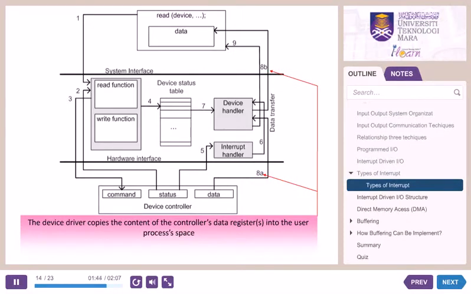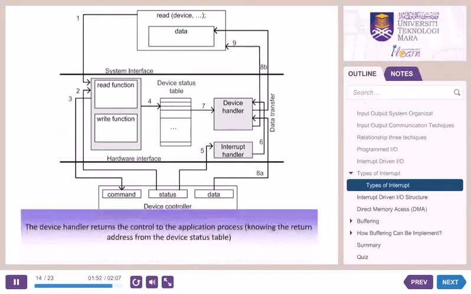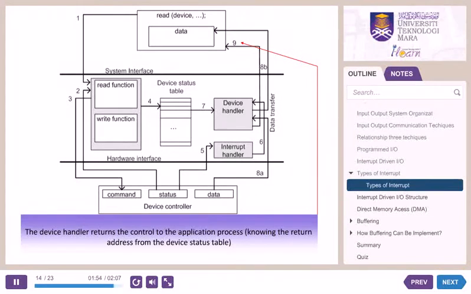The device driver copies the content of the controller's data registers into the user process's space. 9. The device handler returns control to the application process, knowing the return address from the device status table. The same, or a similar, sequence of operations will be accomplished for an output operation.